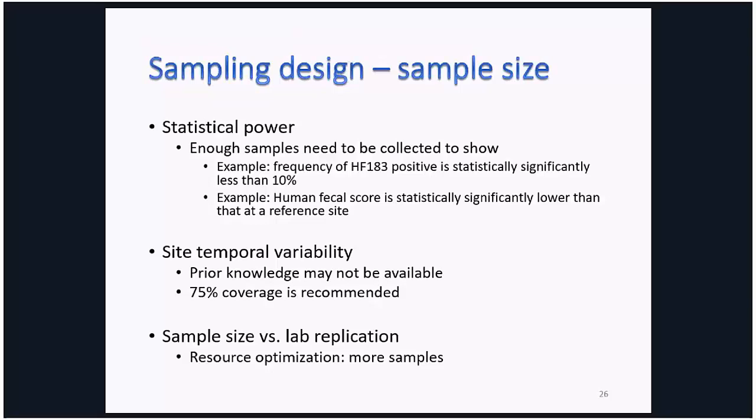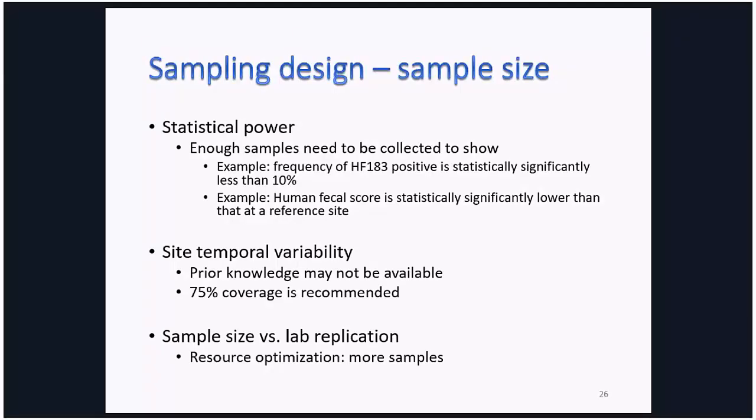It has an error bar because you estimate it based on your sampling event. So you need to collect enough samples so that the 9% plus minus error bar is statistically significantly less than 10%. Similarly, if you're using the human fecal score approach, the human fecal score has a confidence interval based on your sample size. And you have to collect enough samples so that the human fecal score is statistically significantly lower than the score at the reference site.